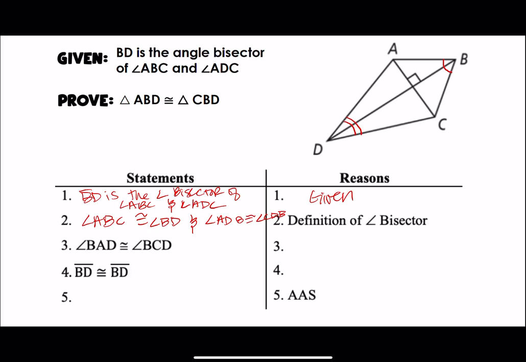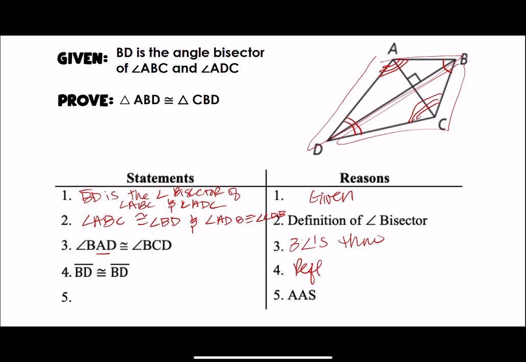And now that we've got two angles congruent out of our three in each of these triangles, that means by the third angles theorem, angle BAD is congruent to angle BCD. We're going to draw our congruency marks on here. And now remember, we're trying to prove it by angle, angle, side.